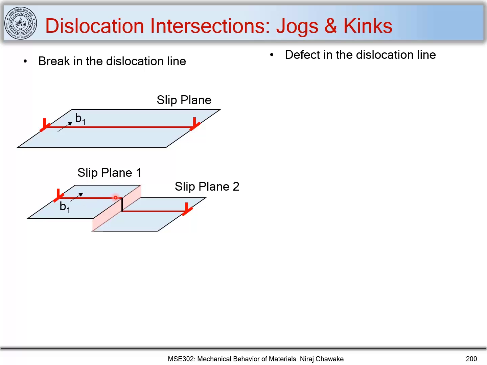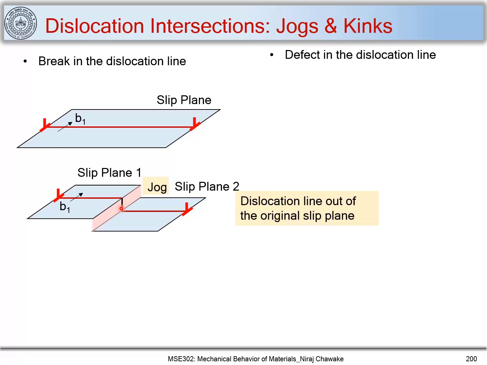So you have a dislocation line segment on slip plane 1, and another part of this dislocation line is on slip plane 2, and the break is not on the slip plane. That is, it is on a plane which is not a glide plane for this dislocation. And such breaks are called jogs. So jogs are dislocation line segments or breaks which are out of the original slip plane.